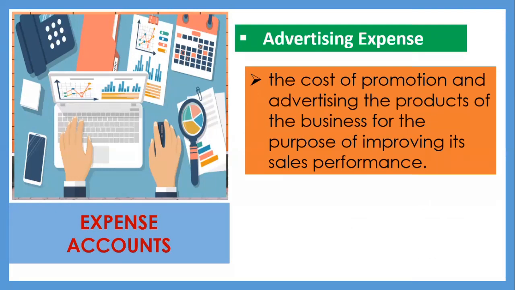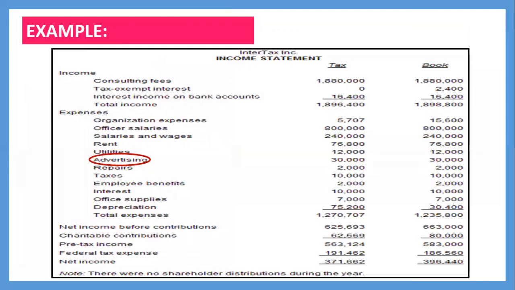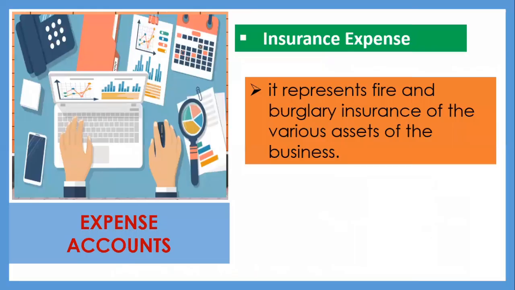Normally we advertise our products, and in that way, we will be able to get customers in for our business, to make them aware that our business exists. Next, in your income statement, this will still appear under the expense side because this is an expense to the part of the company. And next, we have insurance expense.